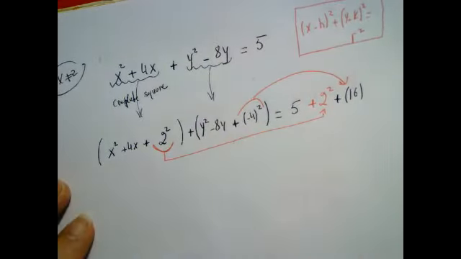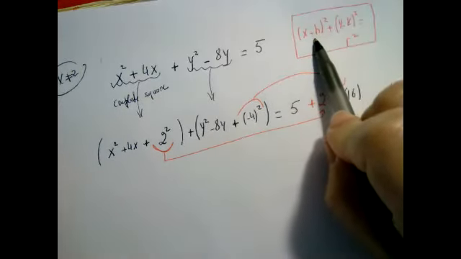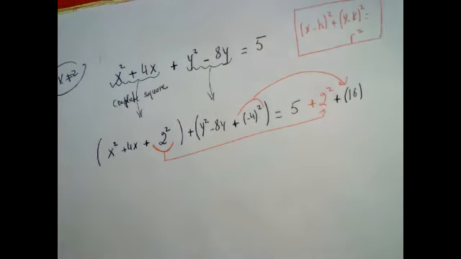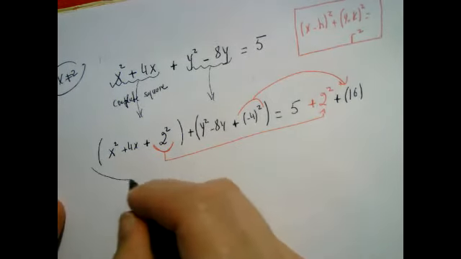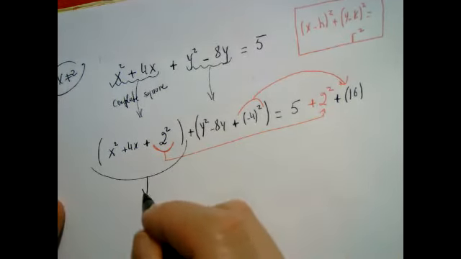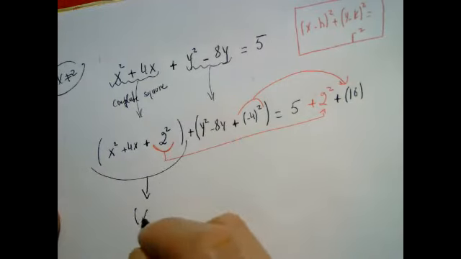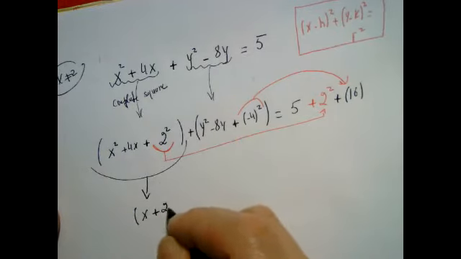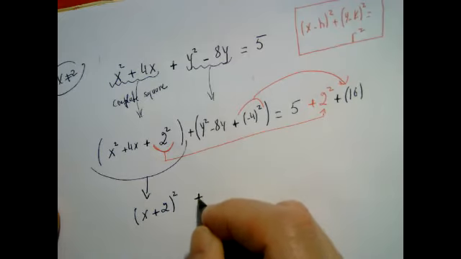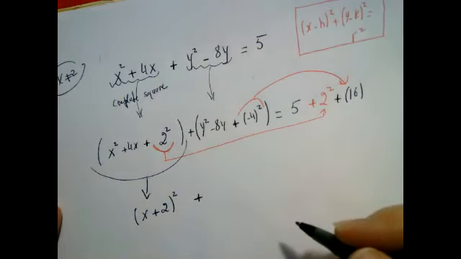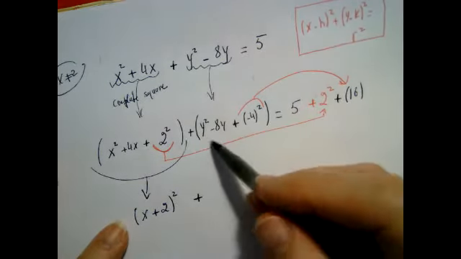All right. Now, we're going to rewrite this as, that's my goal. Now, what will this one become? This will become, I added 2 squared, x plus 2 to the power 2. Plus, what will this piece become?